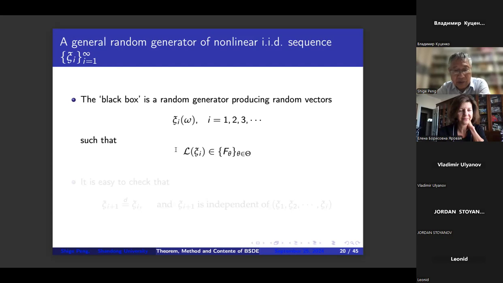We just know, for example, that it is contained in a subset of distributions. Each time we draw one.